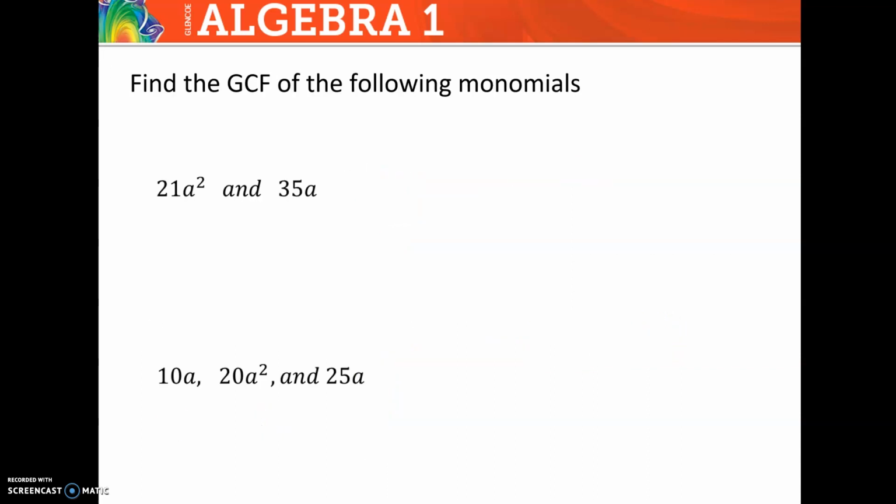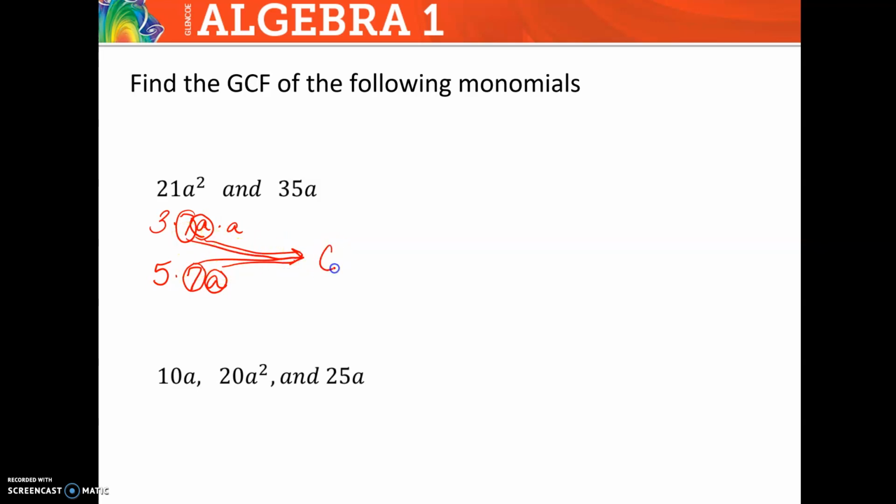Now if I factor 21, it would be 3 times 7, and if I factor 35, it is 5 times 7, times a. I notice they have this 7 in common and this 1 a in common.